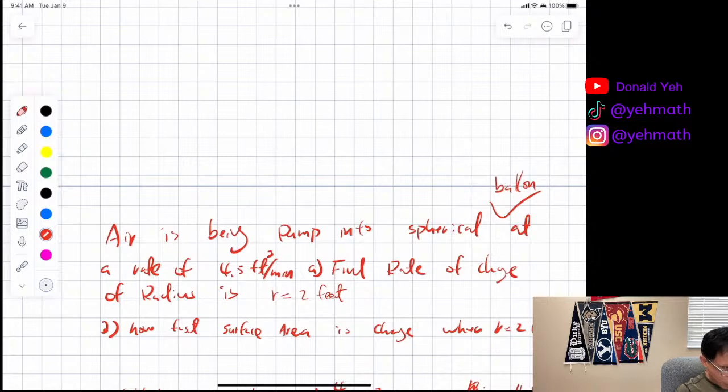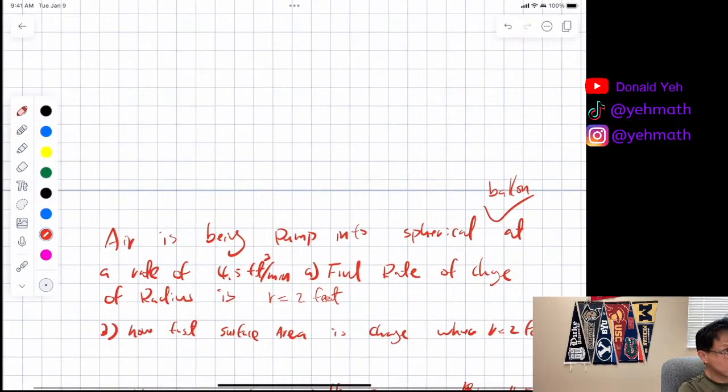If you take the derivative of this, is that 4.5?